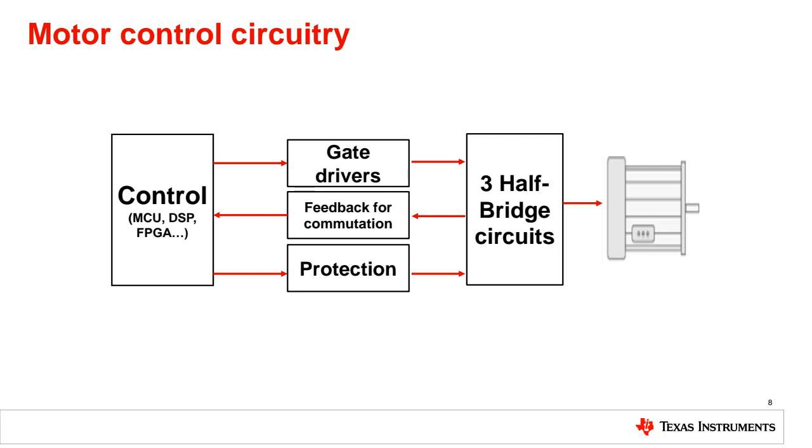In your final project, you are designing two half-bridges actually. Don't forget it, two half-bridge circuits. These are called an H-bridge. In brushless DC motor, we are using three half-bridge circuits because it is a three-phase motor. We have A, B, C phase inputs.